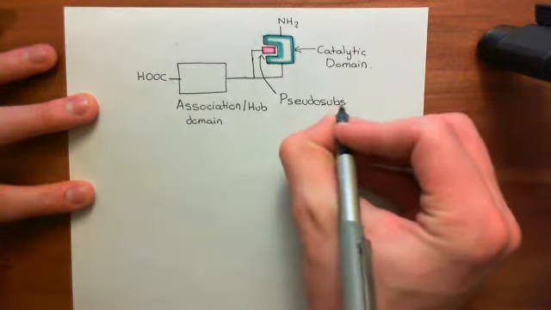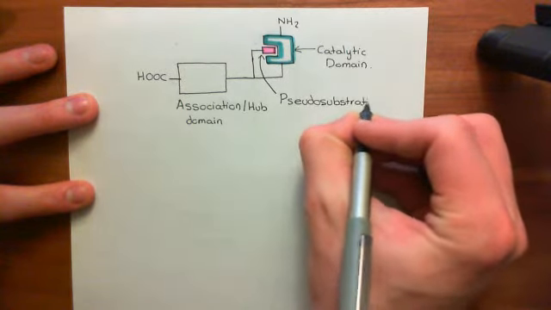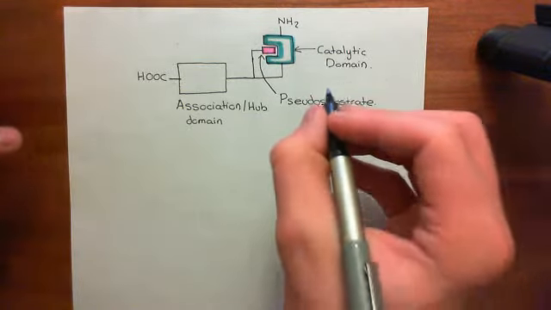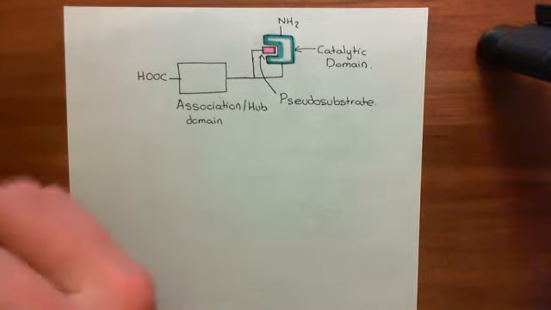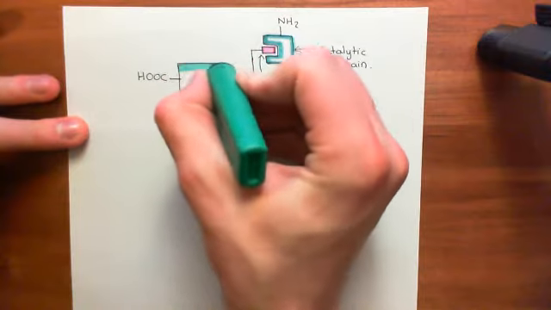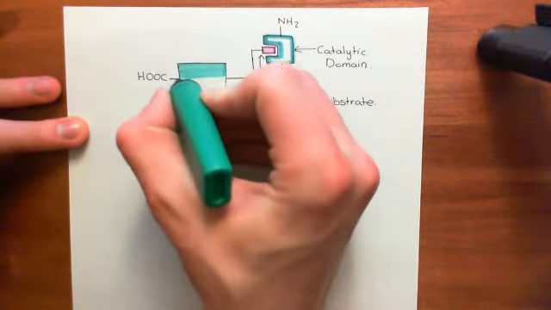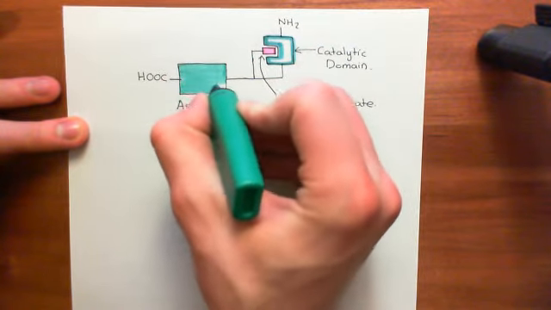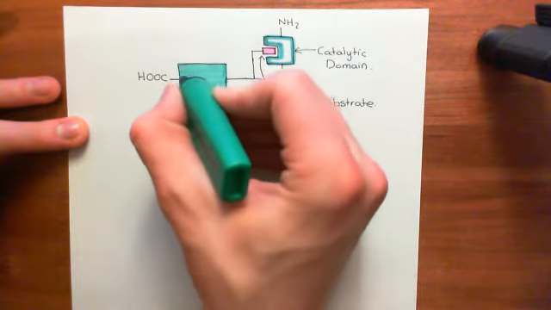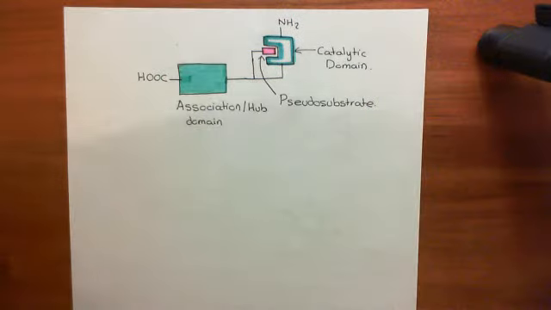So this blocks the catalytic domain from having function in the inactive CAM kinase 2. I think we should also colour in the association domain down here in turquoise. So this is an individual CAM kinase 2 enzyme.